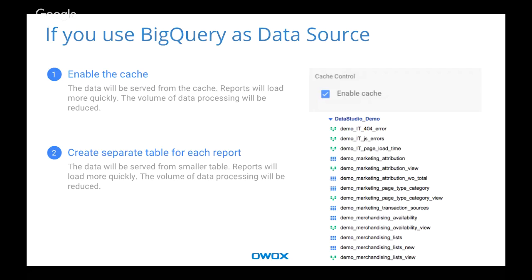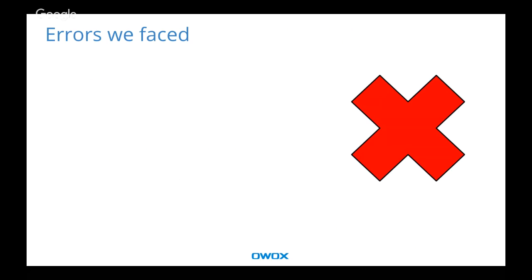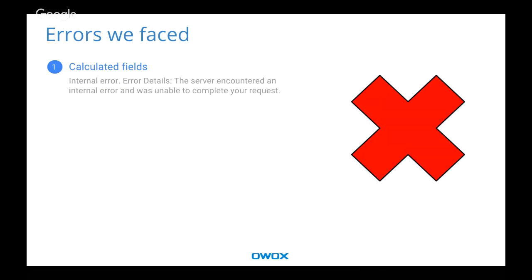Thanks, Pavel. So let's see what errors we faced. We think this is also important to talk about, so you can avoid them when working with Data Studio, and be aware if you face the same messages as we did. First of all, concerning the calculated fields, we often saw the internal error: the server encountered an internal error and was unable to complete your request.